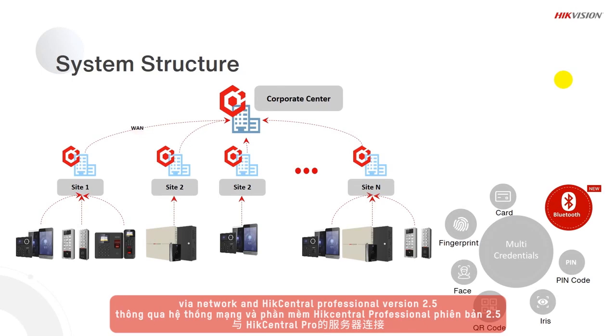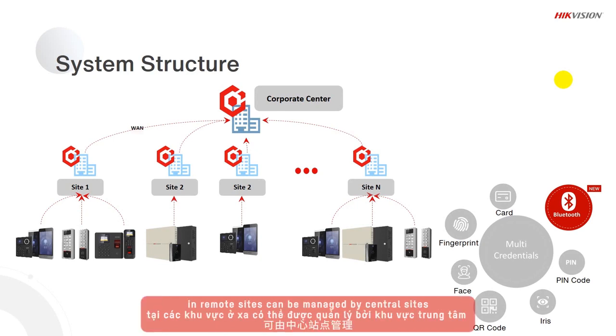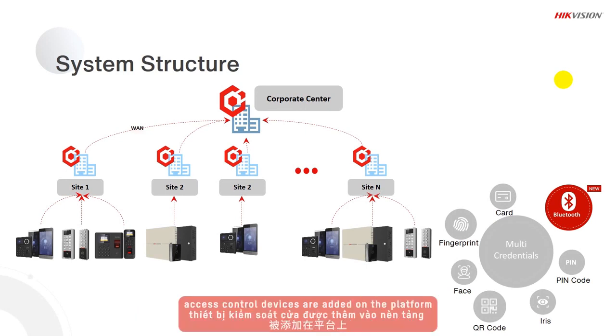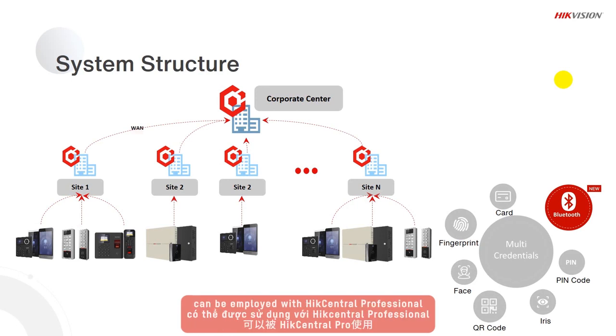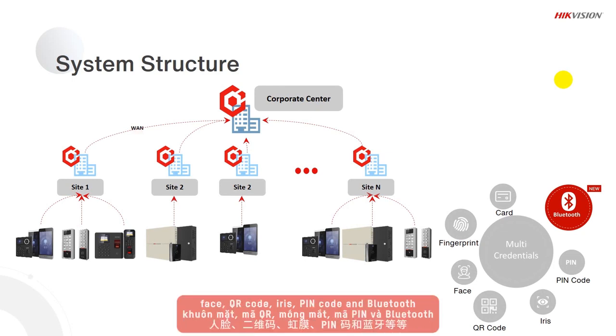In HikCentral Professional version 2.5, the access control devices in remote sites can be managed by central sites. As well as access control devices added on the platform, multi-credentials can be employed with HikCentral Professional, such as card, fingerprint, face, QR code, iris, PIN code, and Bluetooth.